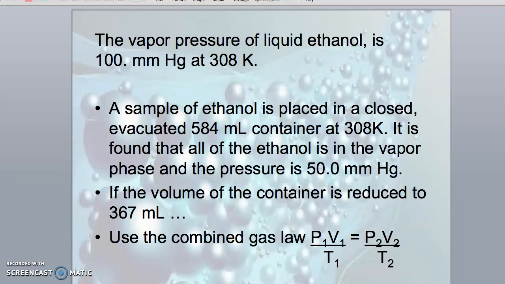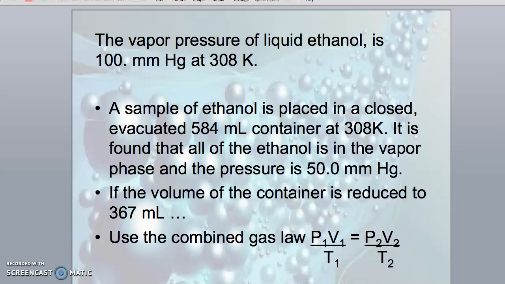Now I could have assigned this P2 and V2. It really doesn't matter, but I chose P1, V1 to be 50 and 584. P2 is what I'm going to solve for, and V2 is 367 mL. So when I solve for this, I get 80 millimeters mercury.